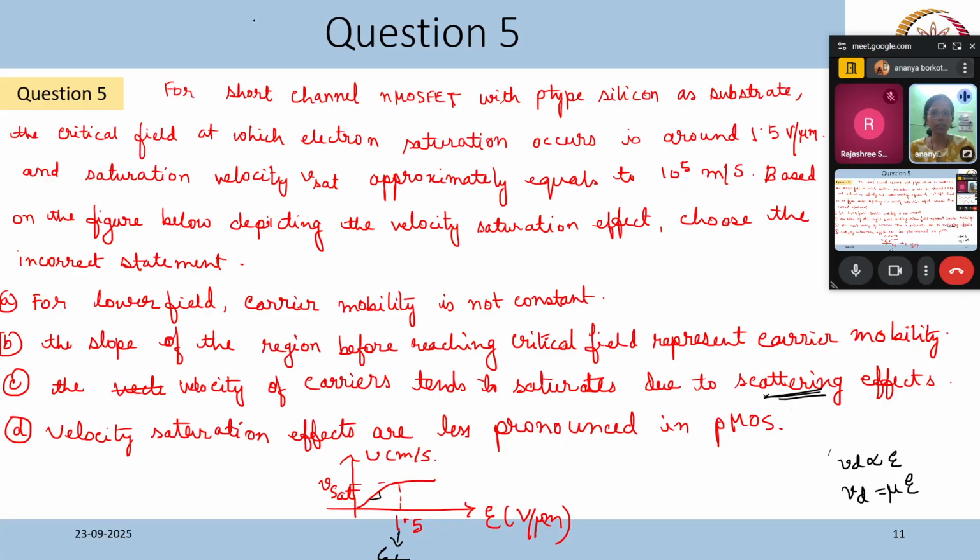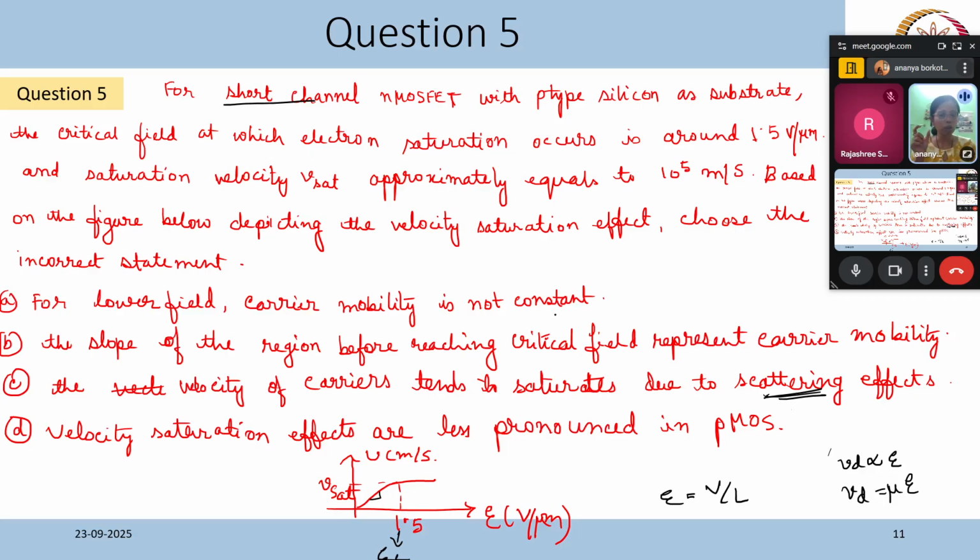Why are we discussing it in terms of short channels in NMOS? In a short channel, our channel length will be very small, right? What is this electric field? This is the drop due to VDS. What is electric field? It is V by L, right? The basic formula is V by L. This is the applied voltage across the length. If our length is very small, that electric field will be very high.